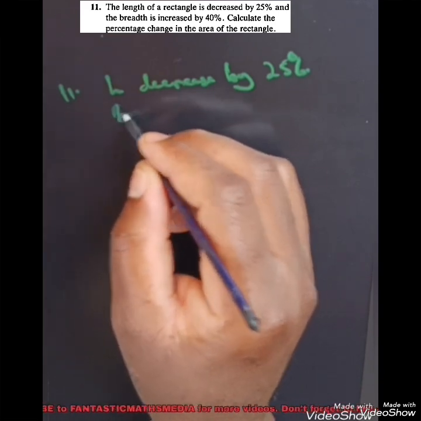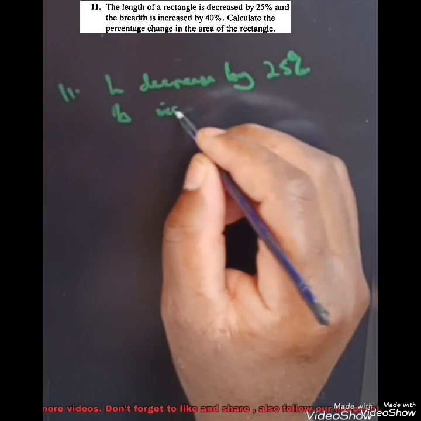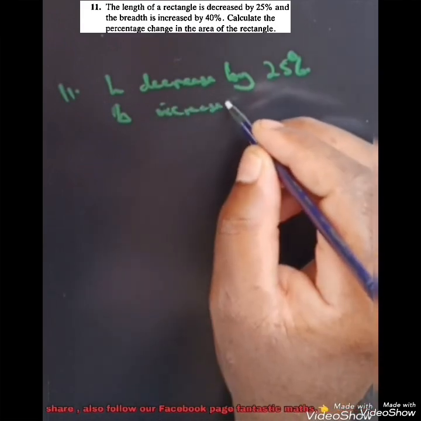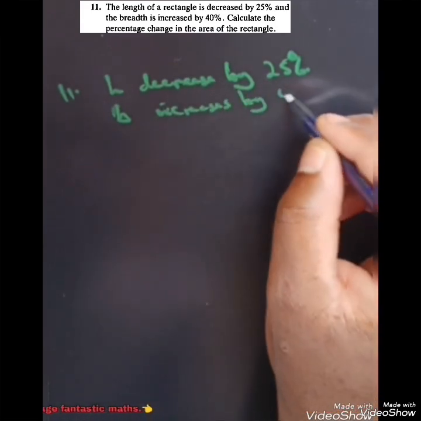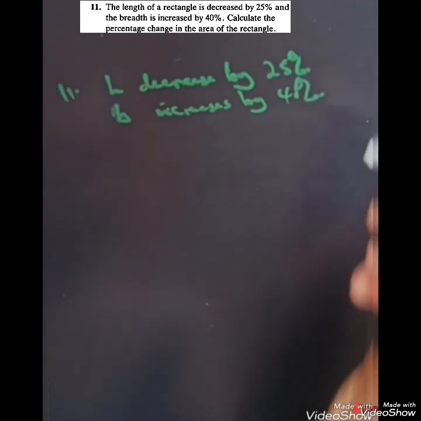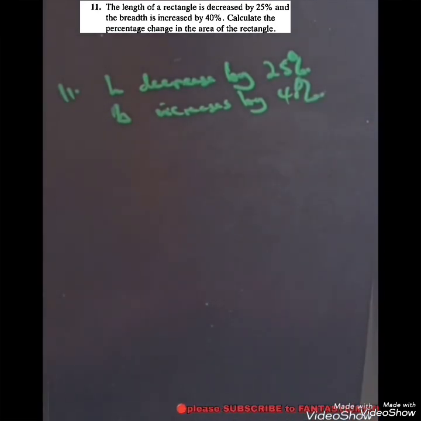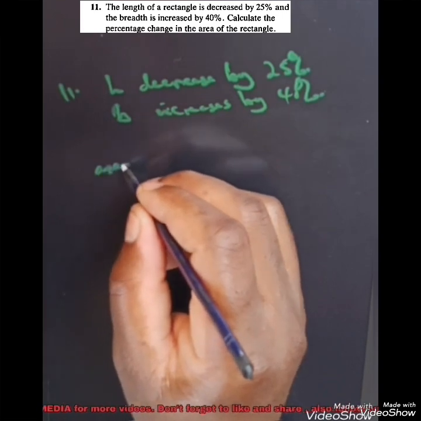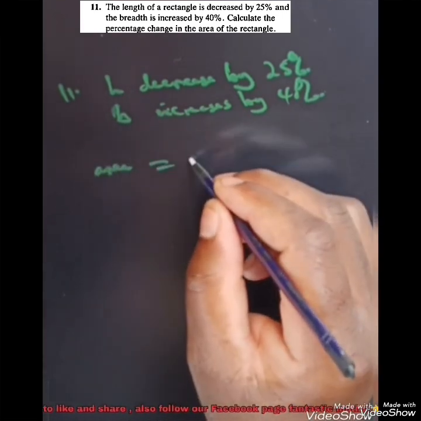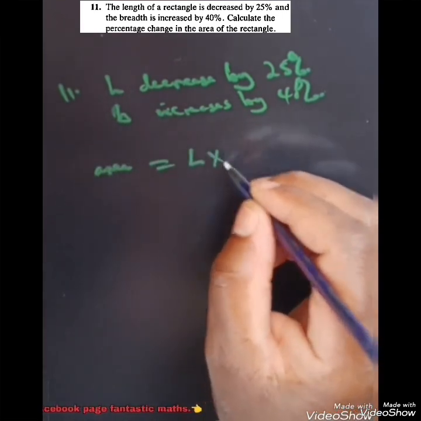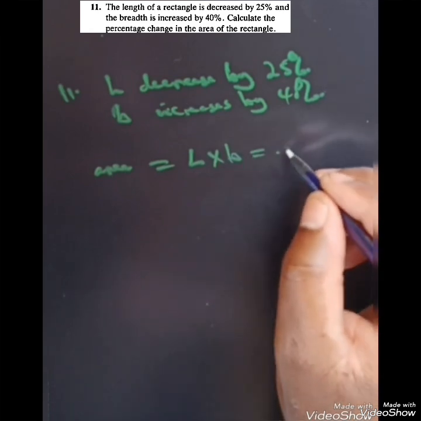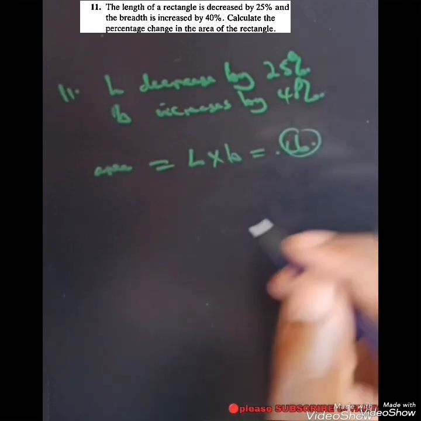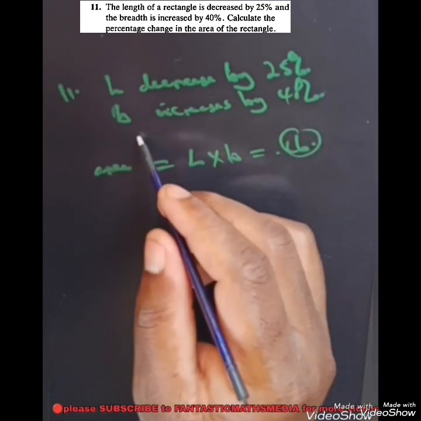So for the first one, if the length decreases by 25%, meaning to say we are left with 75%. If the breadth increases by 40%, meaning to say our breadth will be 140%.